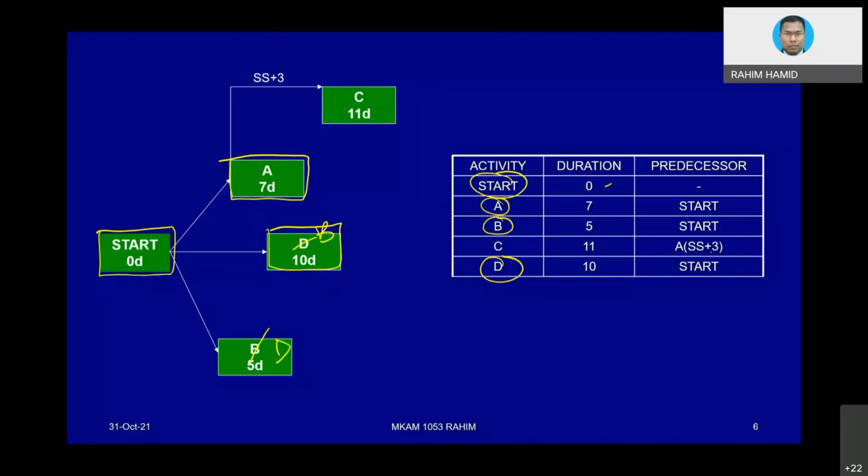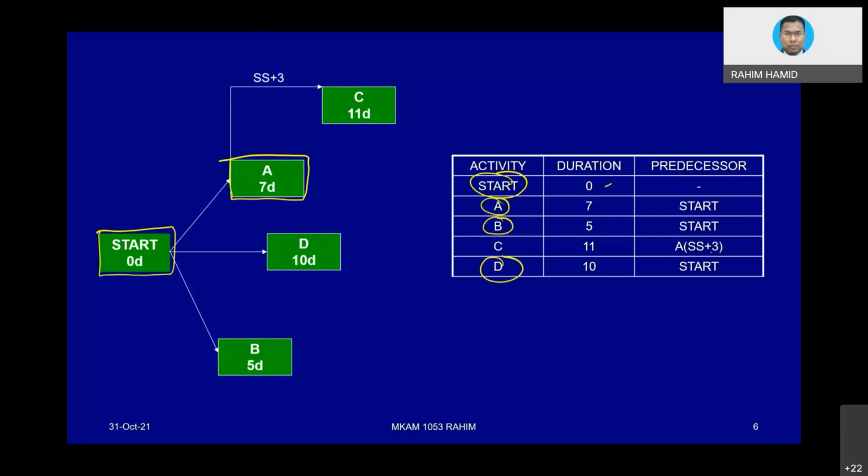There is nothing wrong, because some people might position the boxes in different directions. It is okay. Okay, now, because we already made this before, we come up with a very nicely arranged drawing anyway. In your situation, it might be different. That's okay. So D, B, and A are connected from start.